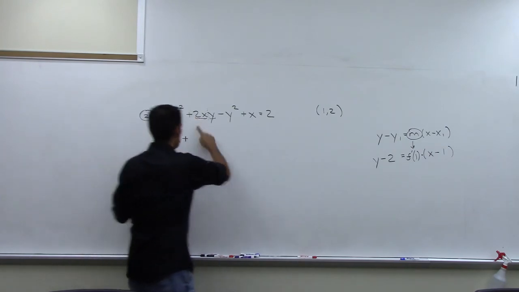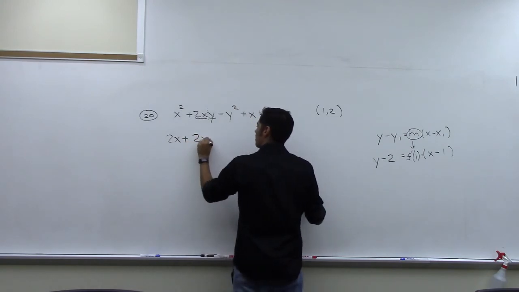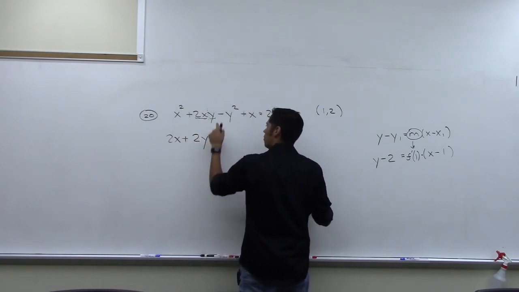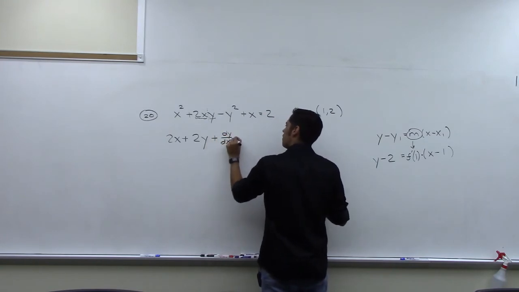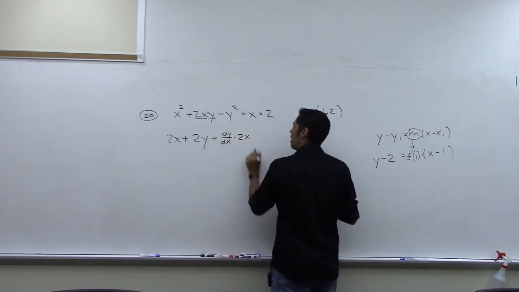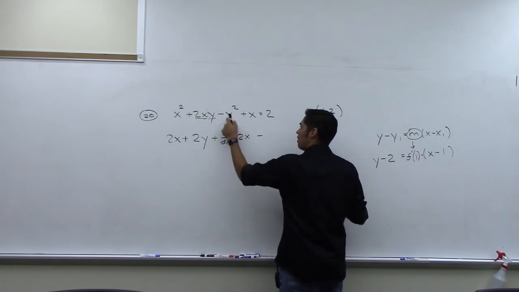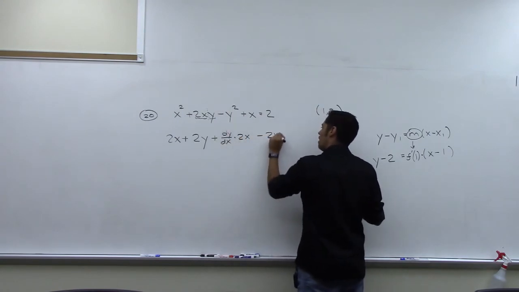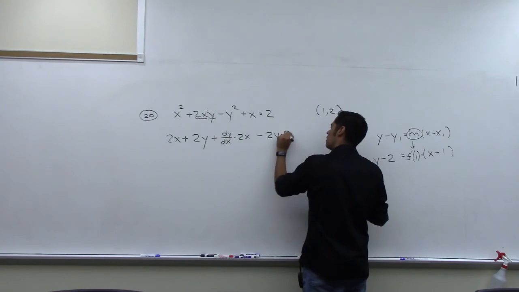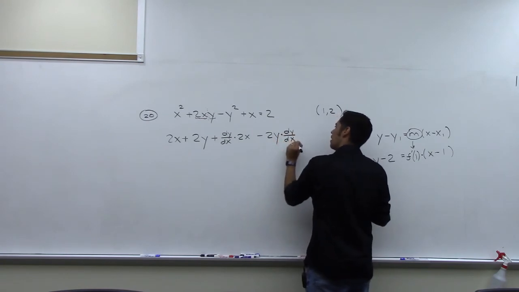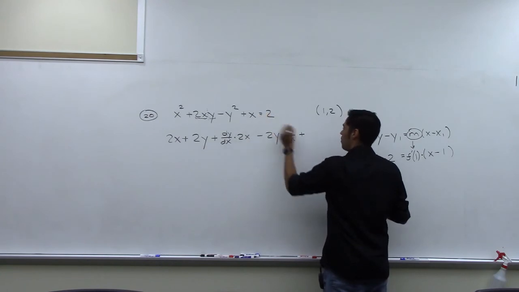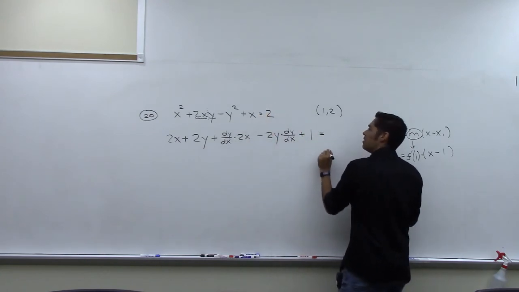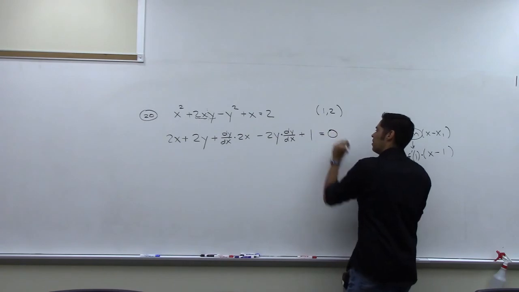Derivative of 2x is just 2 times the second function plus derivative of the second function is dy dx times the first function, 2x. Move on, minus derivative of y squared is 2y, but then because of chain rule, times dy dx. And then plus the derivative of x, well, since we're differentiating with respect to x, it's 1. And that must equal the derivative of the right side, which is 0.